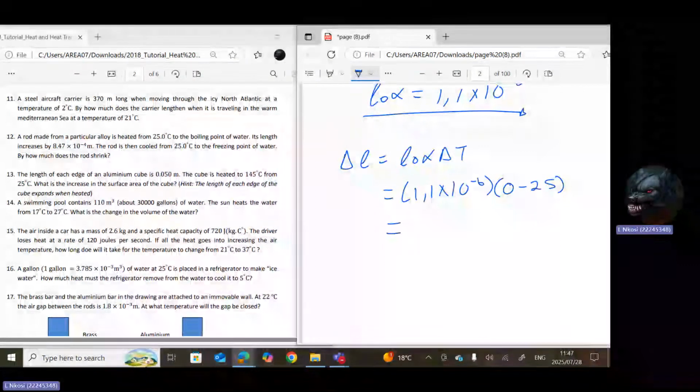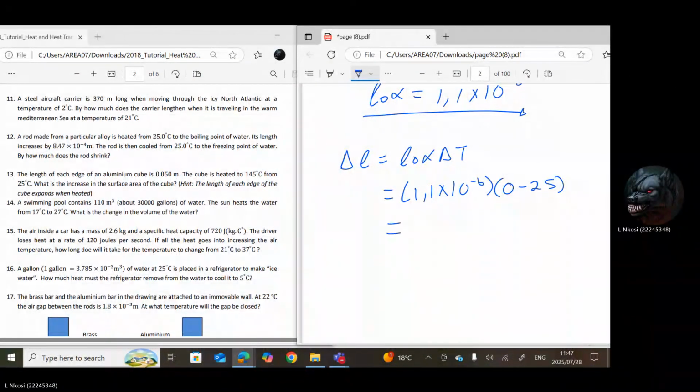So 1.1 times 10 to the minus 6, and times negative 25.